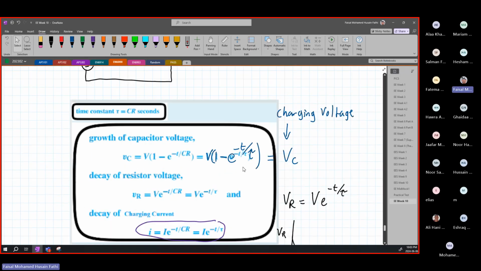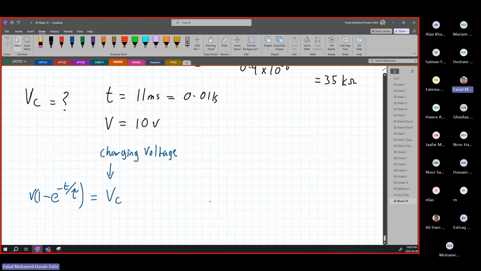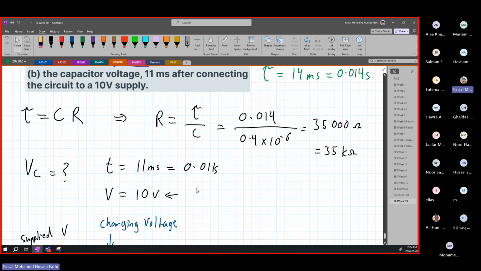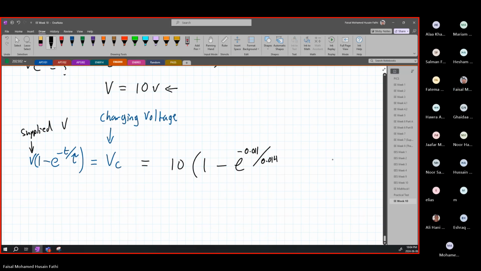If we look at our equation over here, this is the equation that we used. VC is equal to V times 1 minus e to the power minus t over tau. So what is our voltage? This is the supplied voltage, 10 volts. Times 1 minus e to the power, what is the time given? Minus 0.011, divided by what was our time constant? 14 milliseconds, or 0.014. And that's it. And you find your VC.